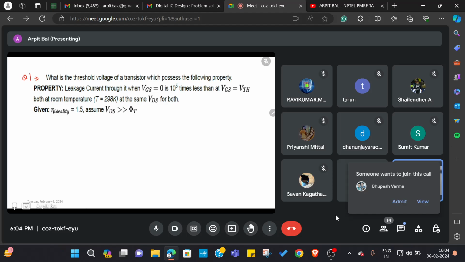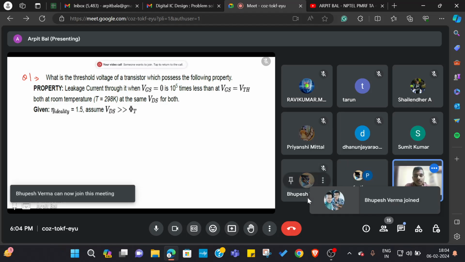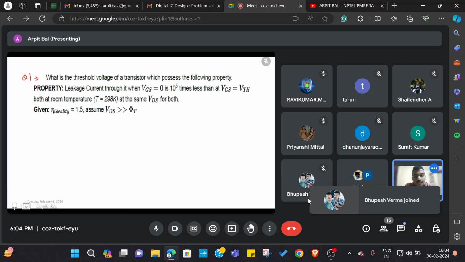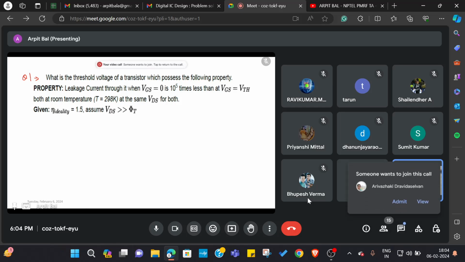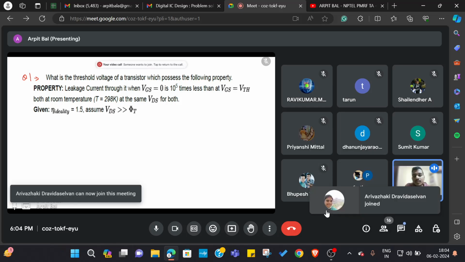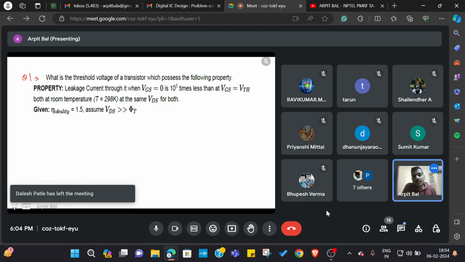In the first question, we are supposed to figure out the threshold voltage of a transistor in which the leakage current when VGS is equal to 0 is 10 to the power 5 times less than at VGS is equal to VTH, both at room temperature. It is mentioned that VDS is the same for both. We are given that the ideality factor eta is equal to 1.5.